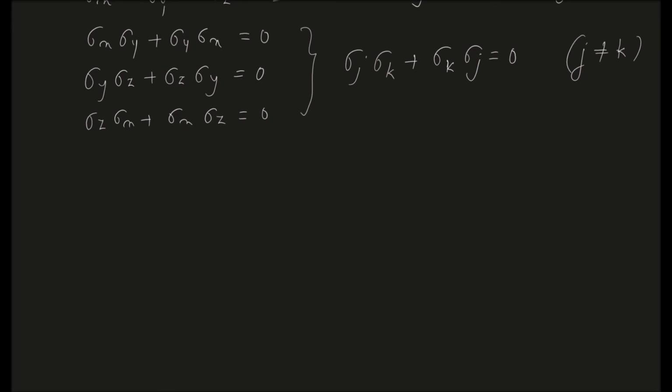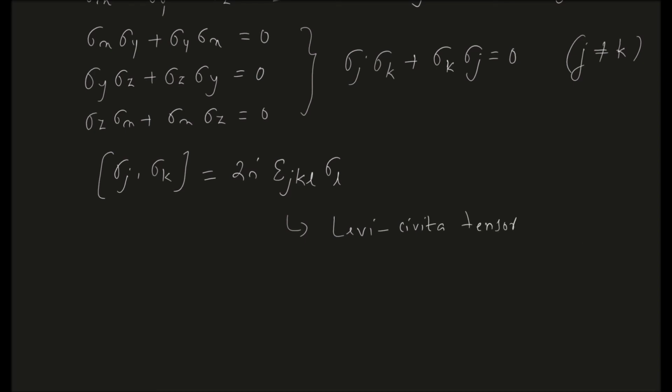Now another property of Pauli spin matrices is that they have a commutation relation like this: the commutation between any components of the Pauli spin matrices, sigma j and sigma k, is given by 2i epsilon jkl sigma l, where this epsilon jkl is an antisymmetric tensor known as the Levi-Civita tensor.